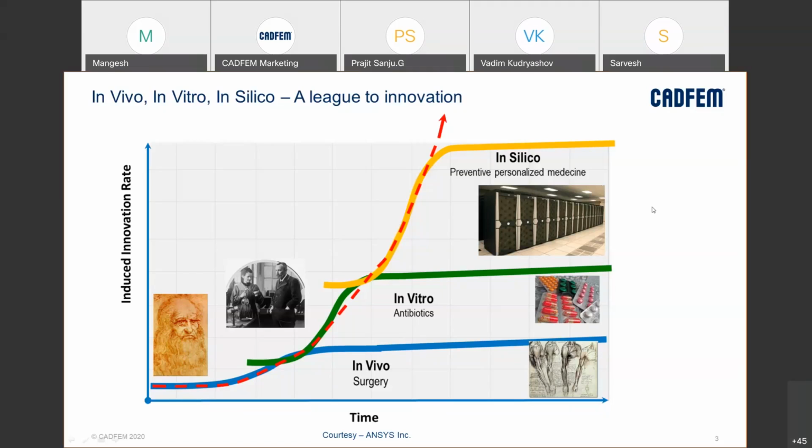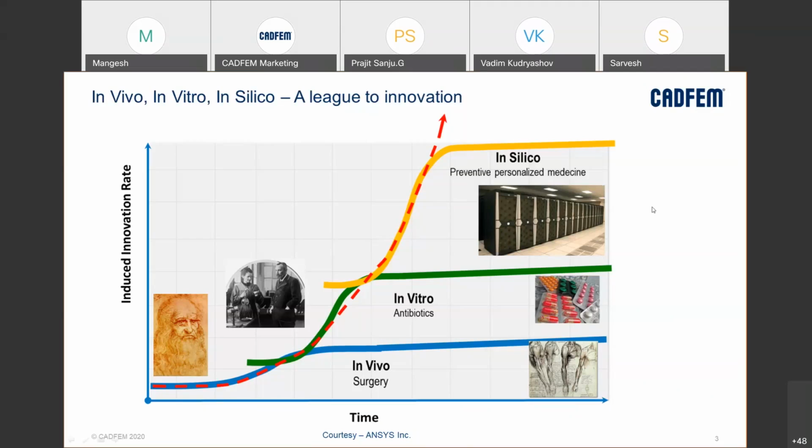In earlier days, in vivo and in vitro were mostly considered, but nowadays, with the advancement of simulation, it can be used very effectively to identify the performance of such human organs and model them, even if they are complicated. Definitely they are complicated, we'll be seeing that in the coming slides.